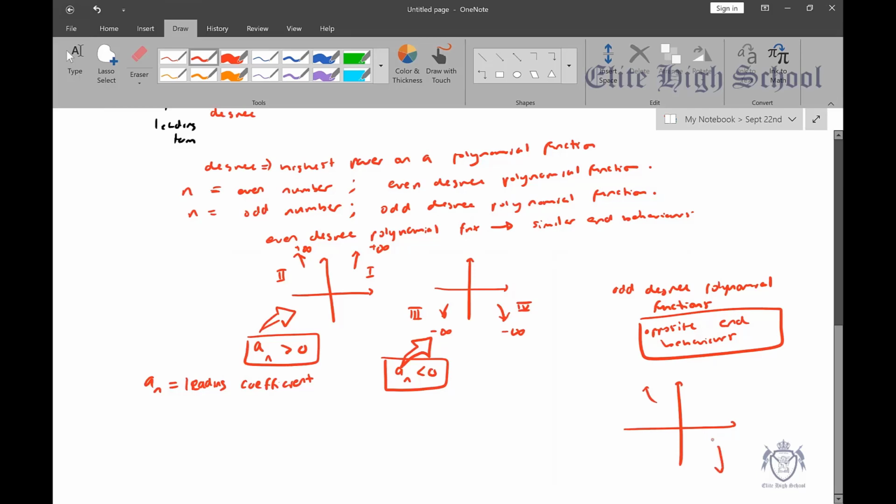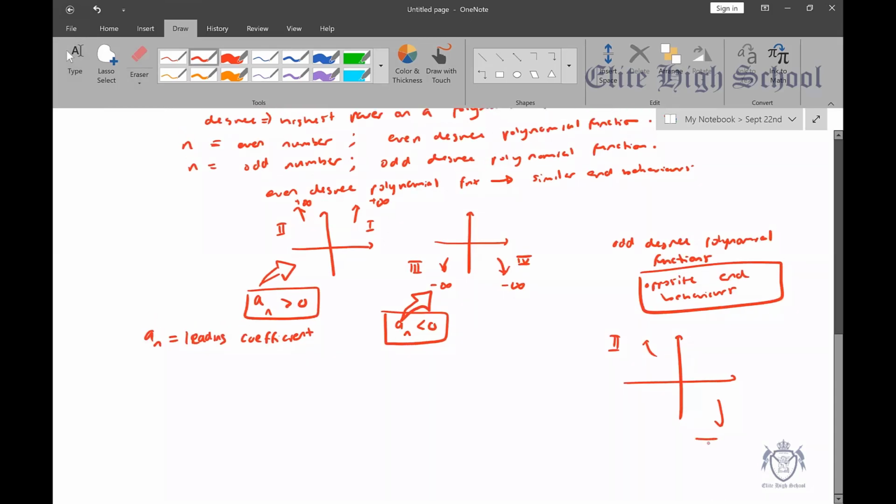So either it would be in quadrant 2 and quadrant 4. Okay, sorry, that should be a 4. So either it's in quadrant 2 and quadrant 4, or it can be in quadrant 3 and quadrant 1. Those are examples of opposite end behaviors.